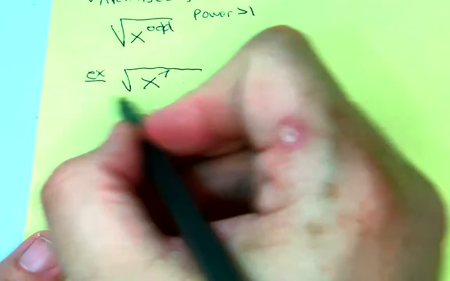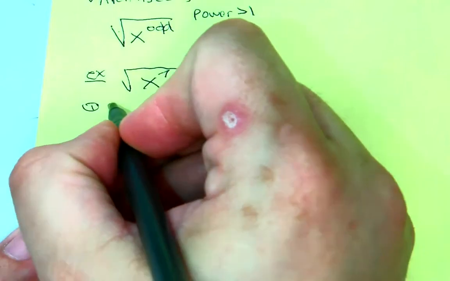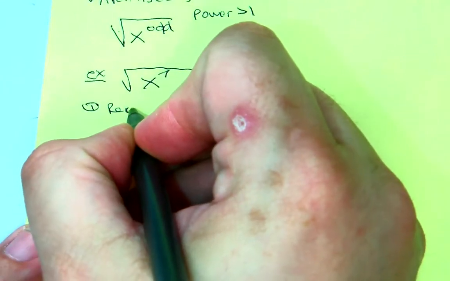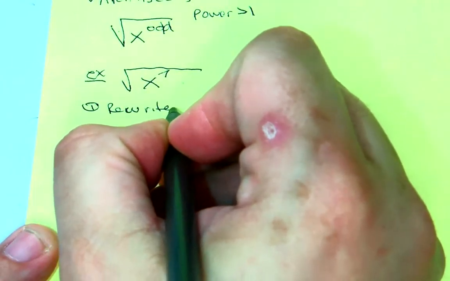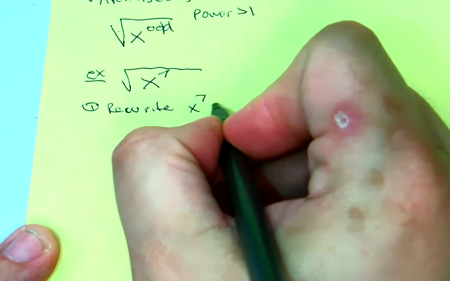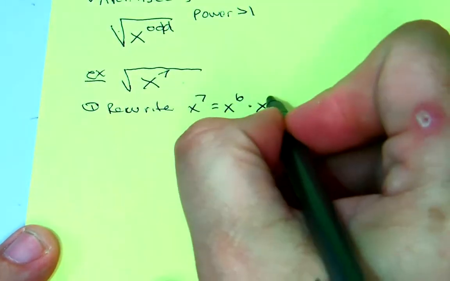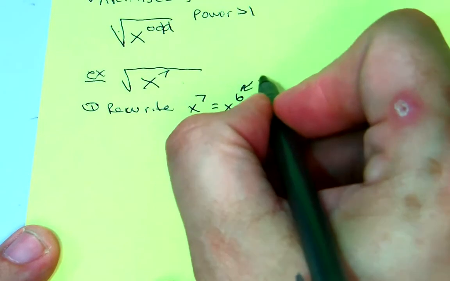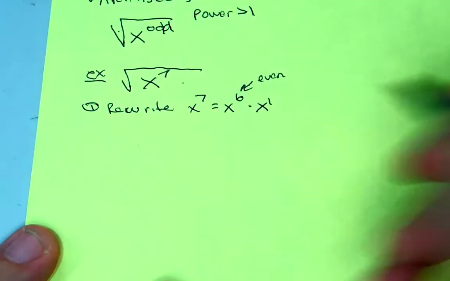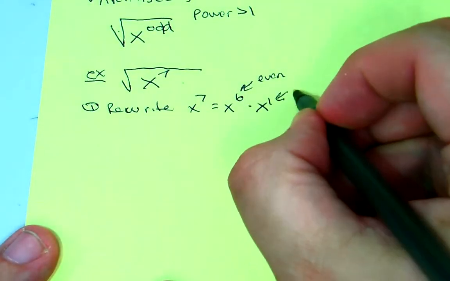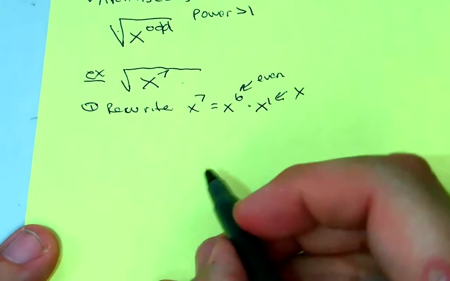The first step we want to do is rewrite x to the 7th power as x to the 6th power times x to the 1st power, because this is going to give us an even power, and then we just have a regular x afterwards.